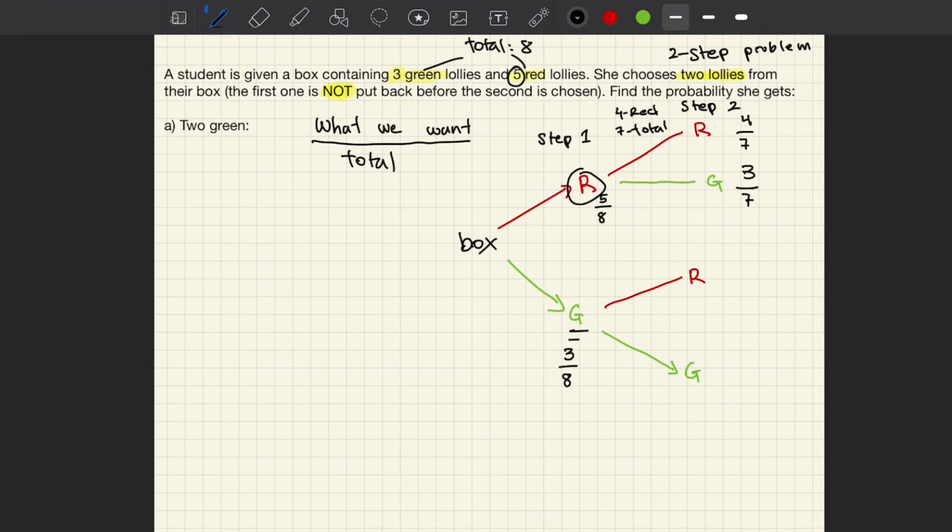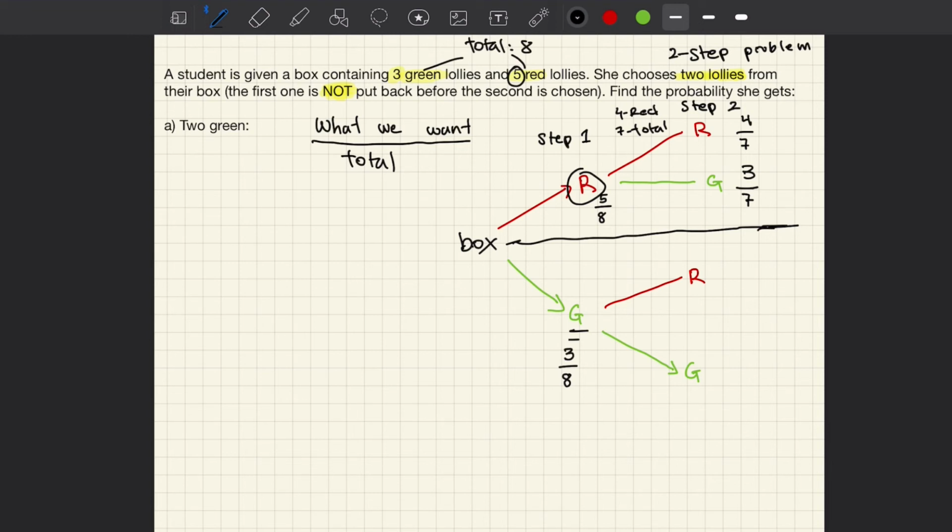Yes, but these two are completely independent. Okay, so this can happen or this can happen. So this can happen here or this can happen. This branch here or this branch here. So we start afresh on every single branch. So we're here. We have a green, which we have the probability 3 out of 8.